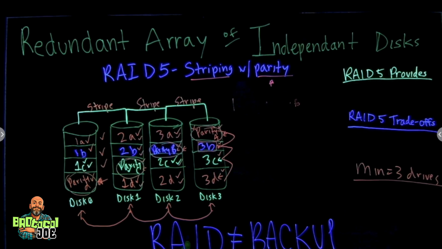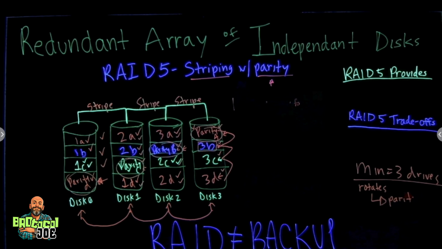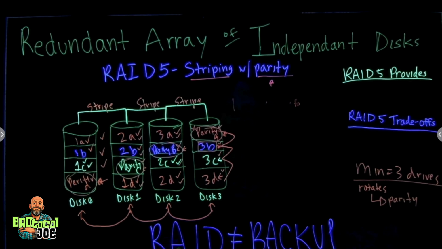So it needs 3 drives because parity rotates between the drives. So the parity rotates. It does not just sit on one drive, it moves around, so no single drive becomes a bottleneck. So notice how the parity is on all the drives.